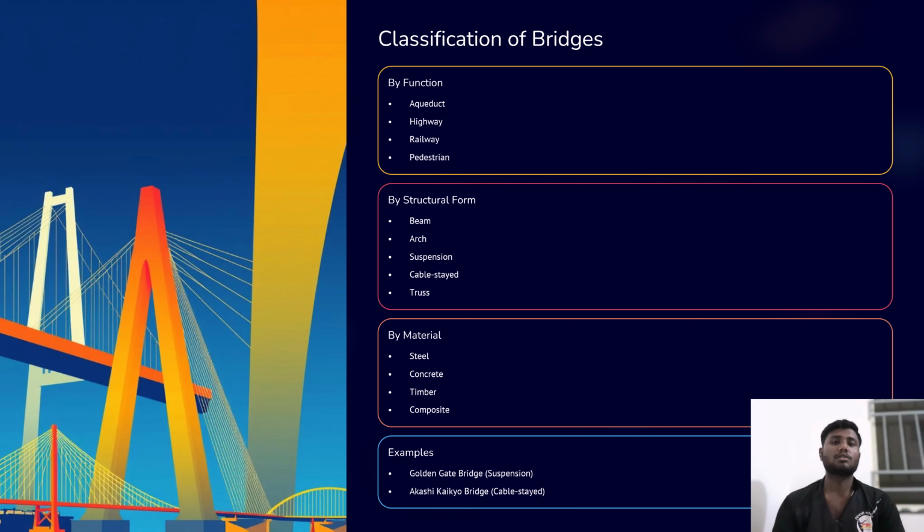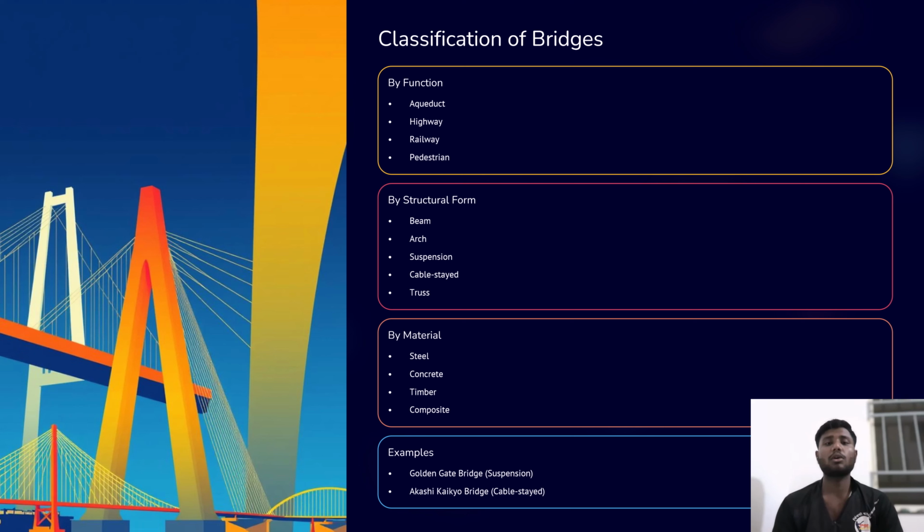The second type is by structural form: beam, arch, suspension, cable-stayed, and truss. So these are the types of bridges by structural form. The next one is by material. The bridge which is made of steel is called a steel bridge. Some bridges are made of concrete, some from timber, and some from composites.